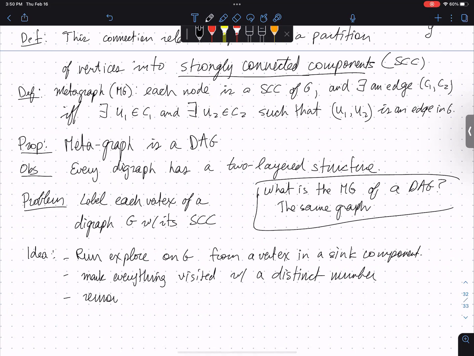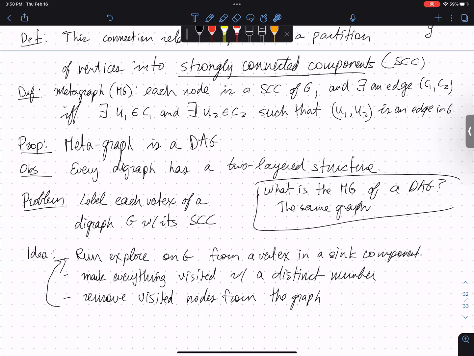Remove visited nodes from the graph. Again, as I mentioned, we don't actually need to remove them. It's enough that they've been marked visited. And then we repeat. The key is that this sink component is now with respect to the new graph, after we've deleted the vertices.